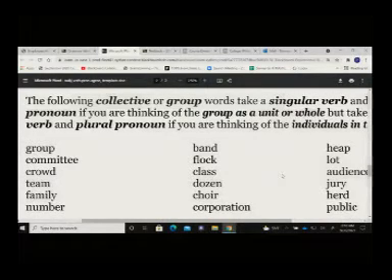Like a squadron? Brigade, okay. And in reality, a squadron, a brigade, a unit, yeah. It can be singular because the unit marches towards Bataan.